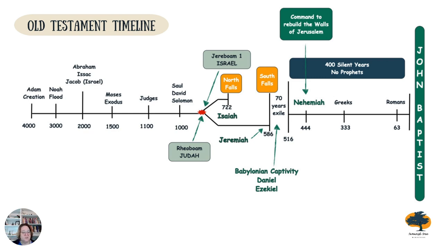So then the Lord raises up Moses, and through a lot of miraculous things, rescues the Jewish people from slavery in Egypt. And they wander in the wilderness for 40 years, and the Lord brings them up there. And then when Moses passes away, Joshua takes over command and helps them go into the land and settle.